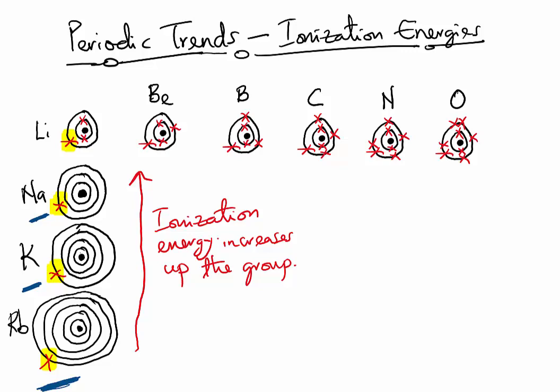Which one would require the most amount of energy to knock off one electron from? Now, the easiest way to think about this is to first understand that they all have the same number of energy levels, and the nuclear pull on the energy levels are not the same.